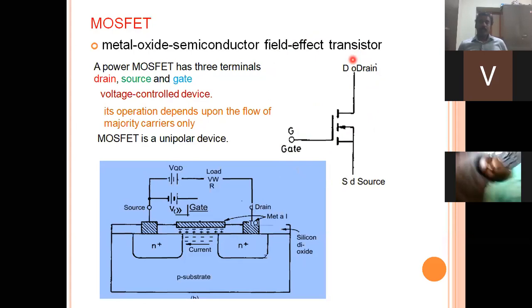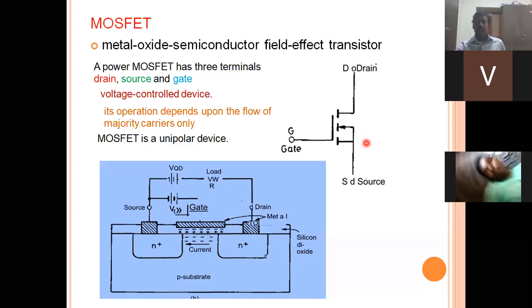But whenever we consider the power MOSFET, the terminals are named drain, gate and source. In this symbol, the arrow represented here shows the configuration of the device in the symbolic representation.